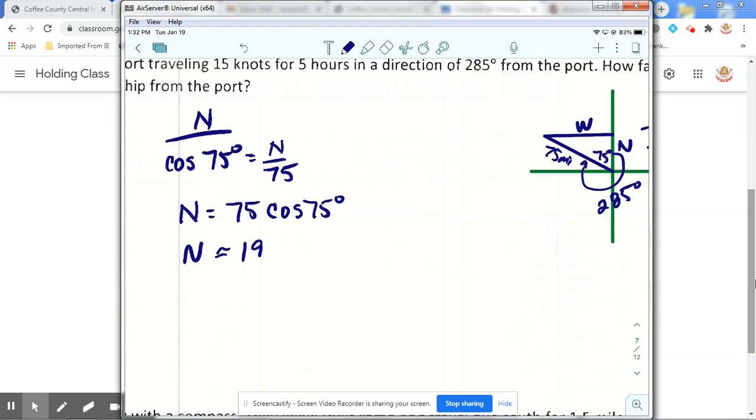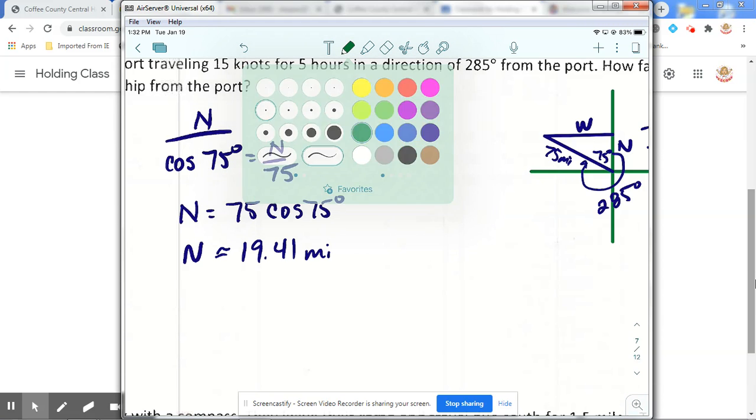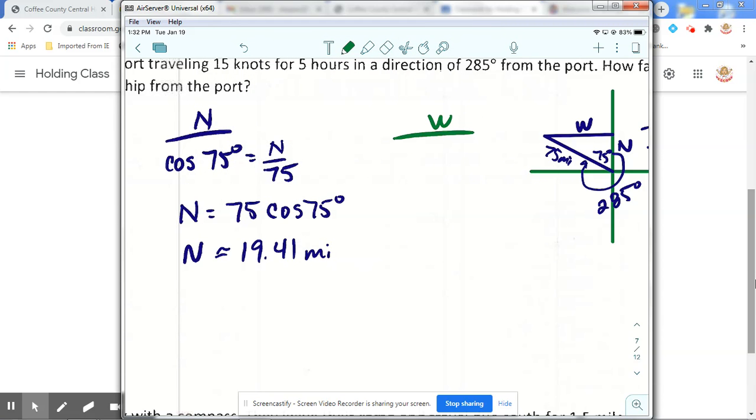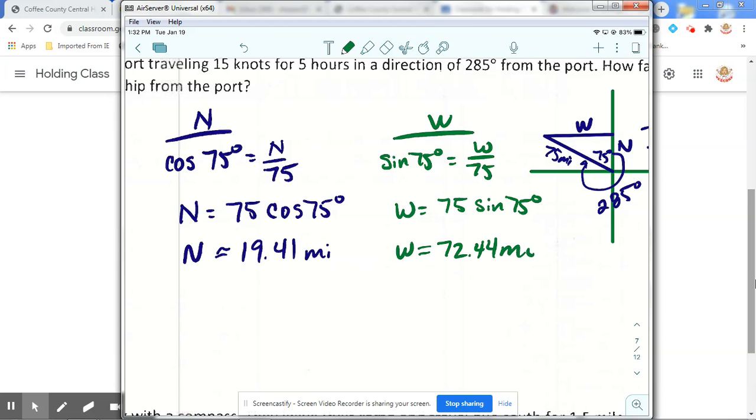All right, so we get approximately 19.41 miles. And then west, we would do the sine of 75 degrees is west over 75 miles. So approximately 72.44 miles.